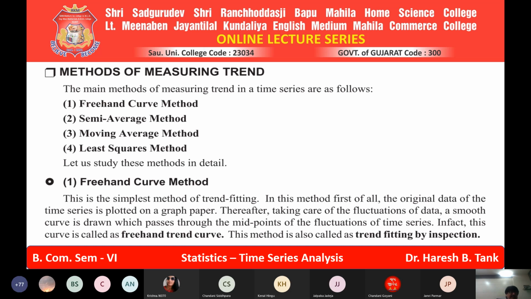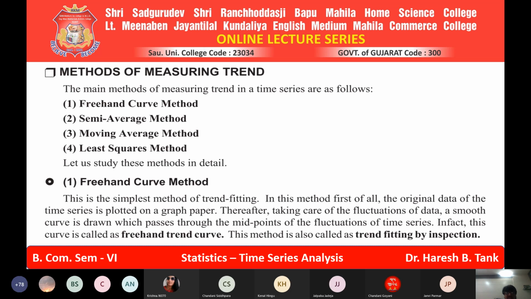The first method is named the freehand curve method, or you can use another word, graphical method. Both words are the same. Freehand curve in the sense that you can freely draw a curve connecting the dots, whatever you may get. That becomes a graphical method, or a freehand method. The second method is named the semi-average method.